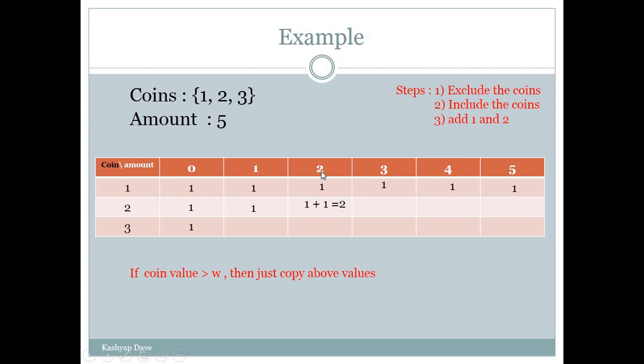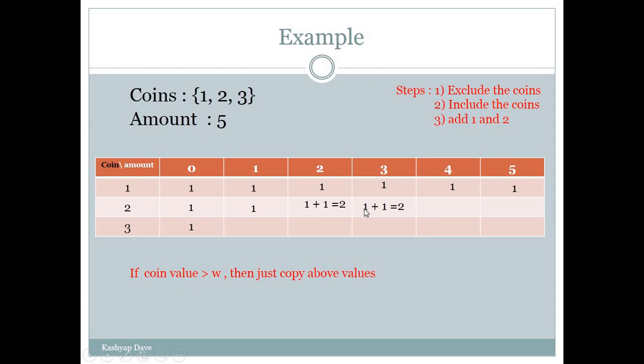Okay, next 3 rupee. In 3 rupee, the first step is exclude the coin, meaning do not use this 2 rupee coin, then we will have one way to make 3 rupee.